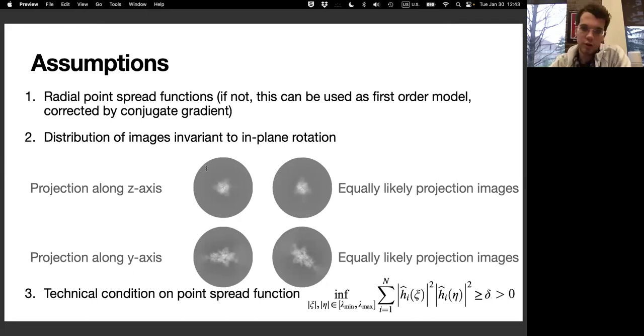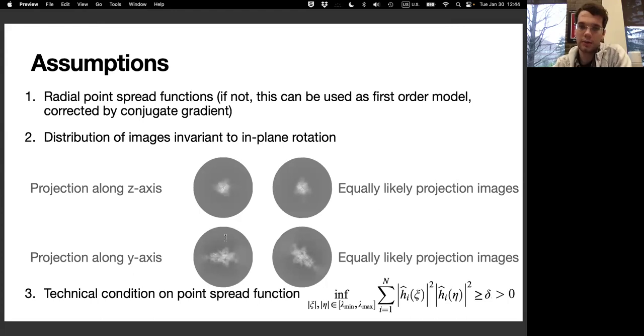In general, these random rotations are not going to be equally likely. Okay, so I have one rotation here. This rotates so the z-axis of this coiled molecule ends up at the top, and then it's projected. The second projection makes it so that the y-axis looks upwards and then it's projected. But it's the same molecule, just from different directions. And this does not have to be equally likely to occur in our data set as this.